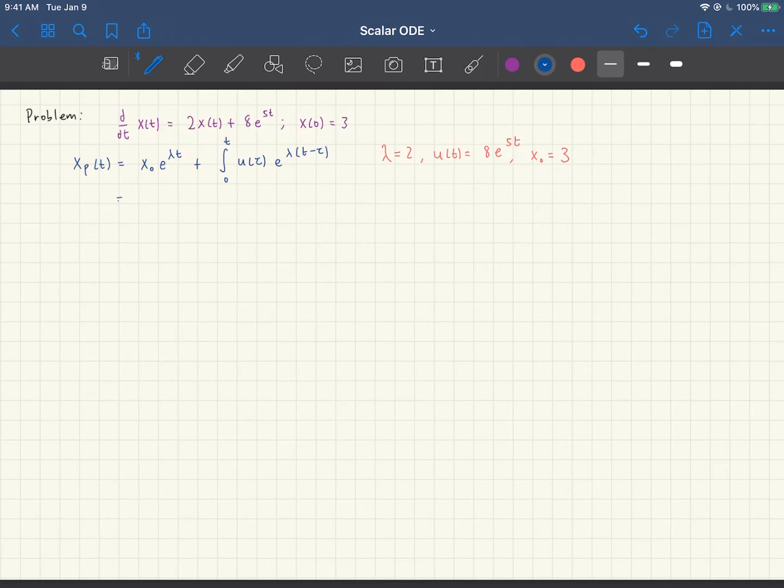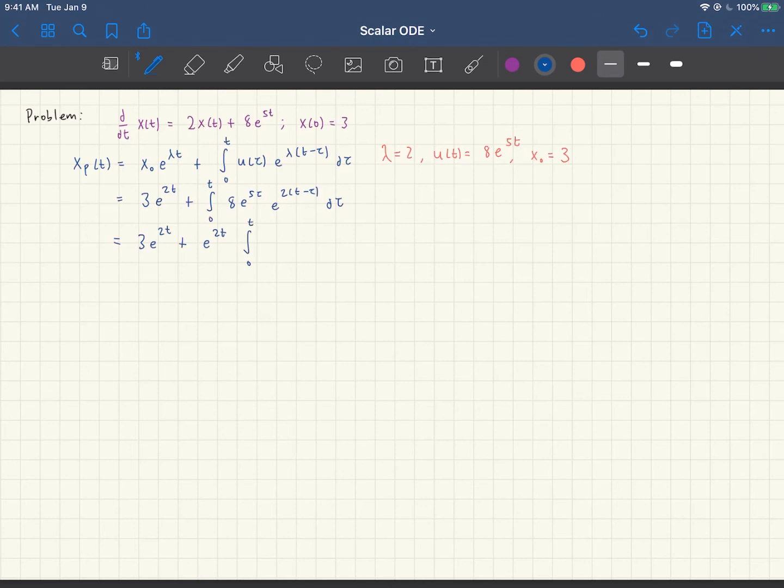So once we plug everything in, we'll see that we get 3e to the 2t plus the integral from 0 to t. U of tau would be 8e to the 5 tau, and then e to the 2 t minus tau. I forgot my d tau. Then we evaluate the integral, and I am going to pull the e to the 2t outside.